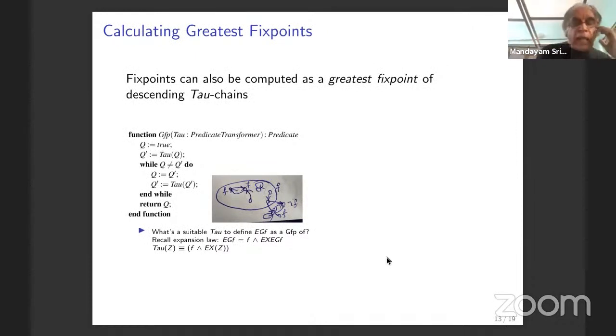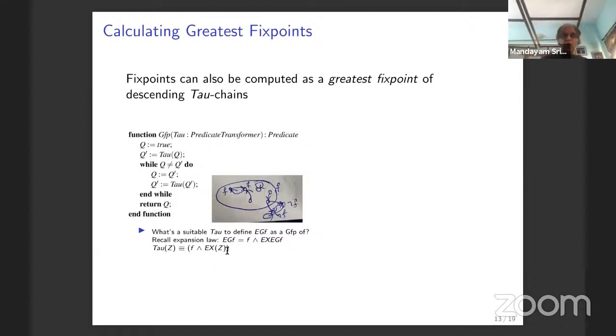Here you're computing it as the greatest fixed point of a descending tau chain, starting with true. This process is like you are starting with true, which includes every state in the universe, and then in each step you are removing some states that violate some constraint that is being defined as your tau.